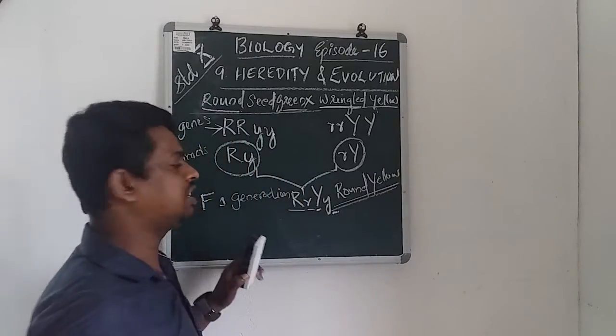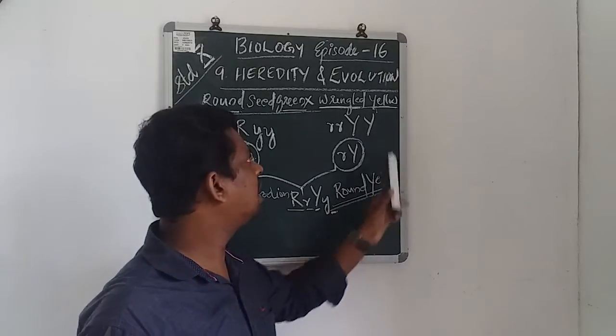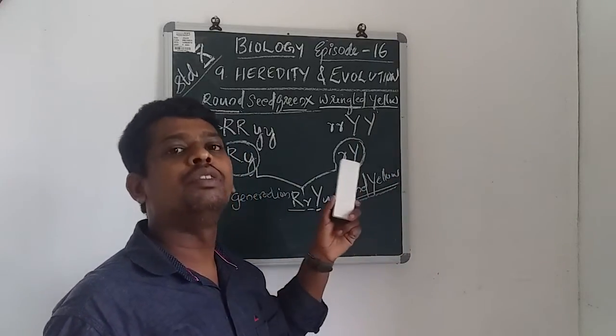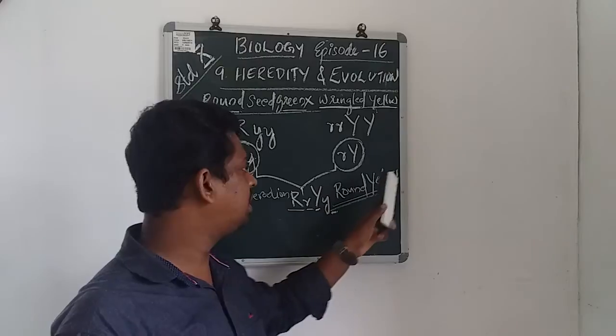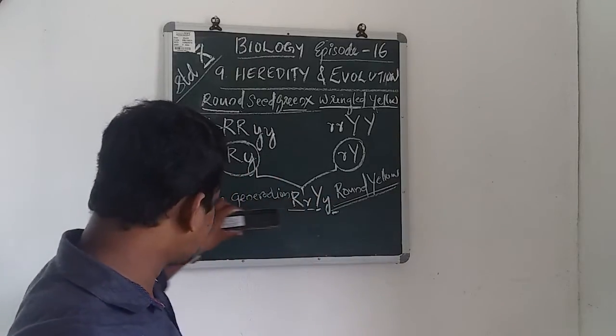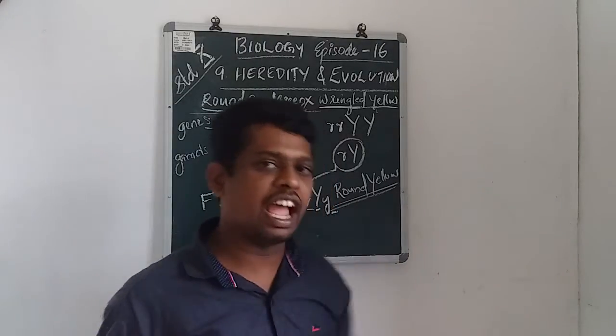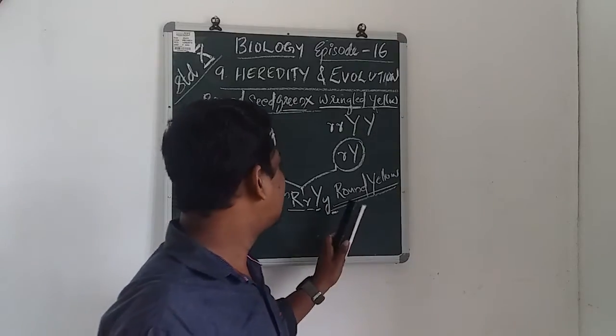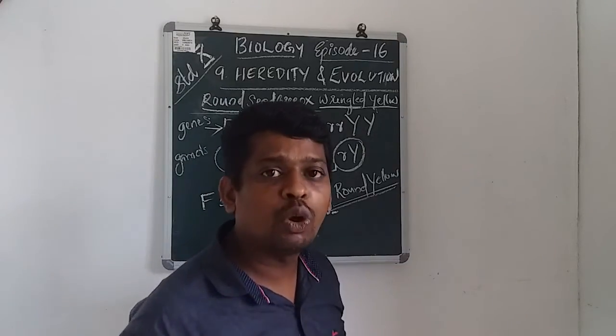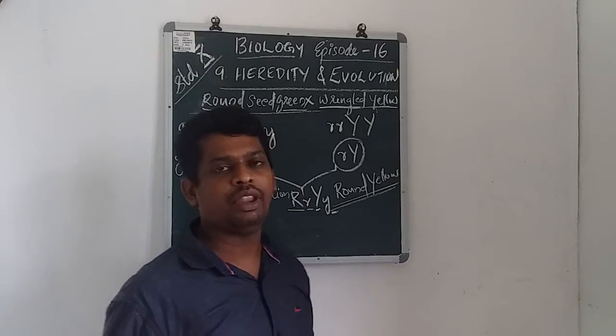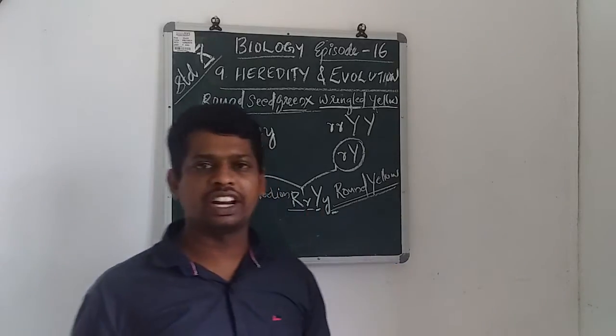This is the characteristic feature: round seed with a yellow color. In this generation, all the plants have a round seed with a yellowish color. All the plants of the F1 generation.